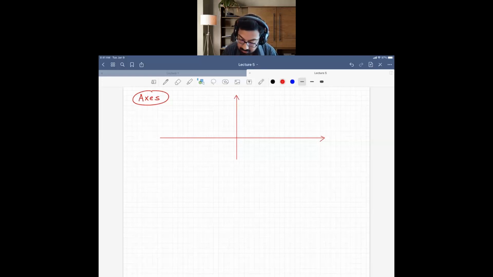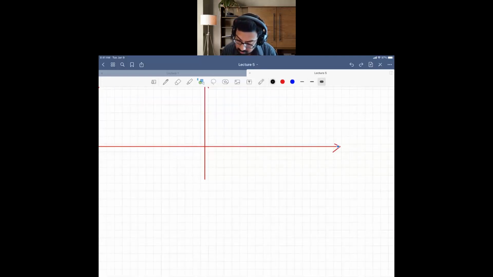So I have a U that belongs to the subspace. I have a V that belongs to the subspace. But when I add U plus V, I'm going to get something that is not belonging to the subspace. It is no longer on the axis.